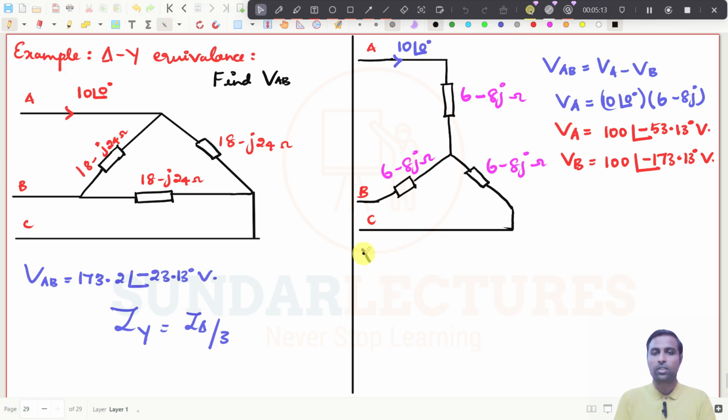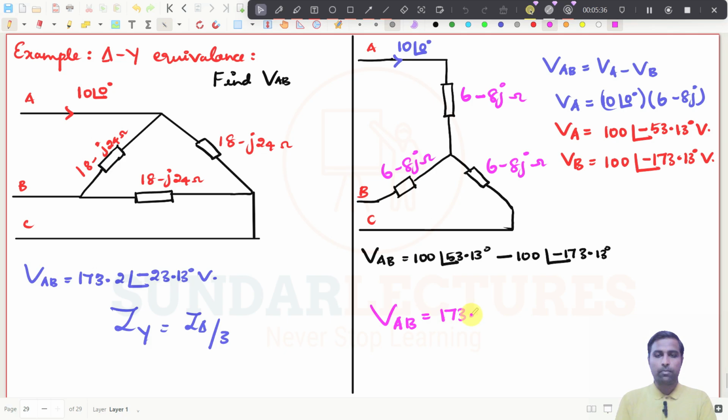Substitute in this expression: VAB will be equal to 100 at an angle of minus 53.13 degree minus 100 at an angle of minus 173.13 degree. Finally, if you simplify these, VAB will be equal to 173.2 at an angle of minus 23.13 degree volts.